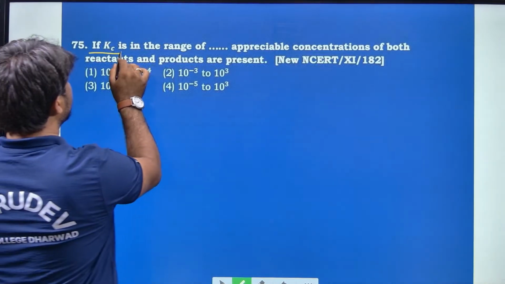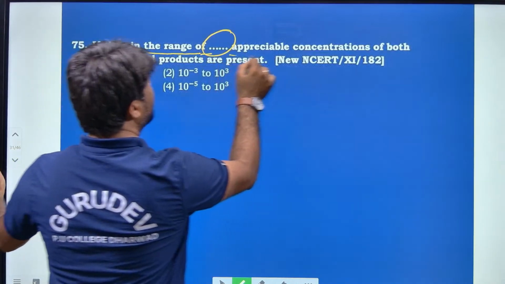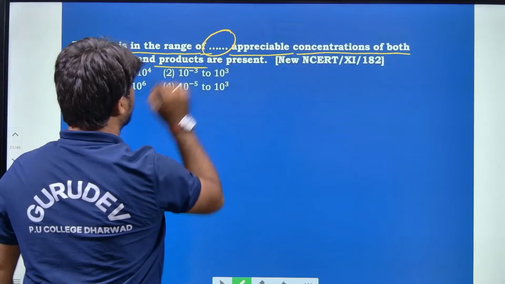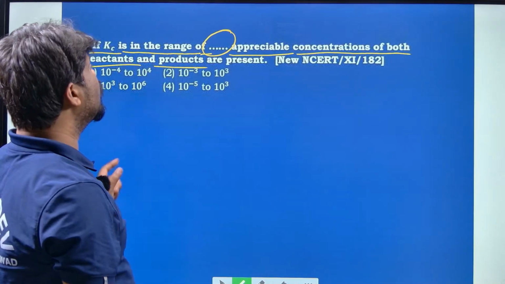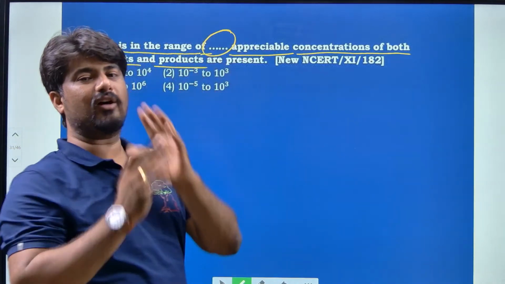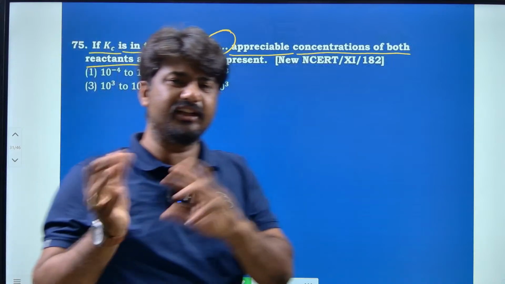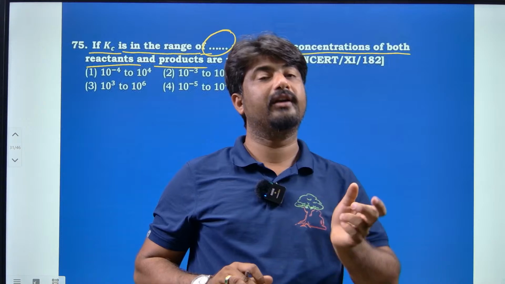If Kc is in the range of dash, appreciable for the concentration of both reactants and product, what should be the Kc value to balance the concentration of the reactant and the product? To balance the concentration of the reactant and product on both sides, the Kc value should be what? Same.